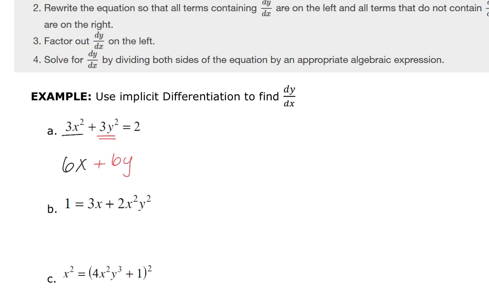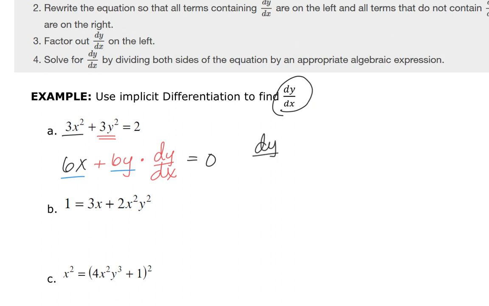Because I'm taking the derivative with respect to x, I have to include the derivative of y, which is dy/dx. And then this is equal to 0 because the derivative of a constant is 0. I'm asked to find dy/dx, so now I have to solve for dy/dx. In other words, I'm going to subtract 6x from both sides and divide both sides by 6y.